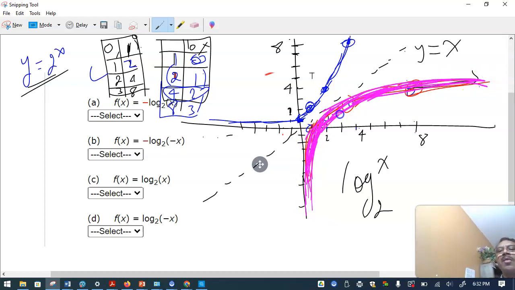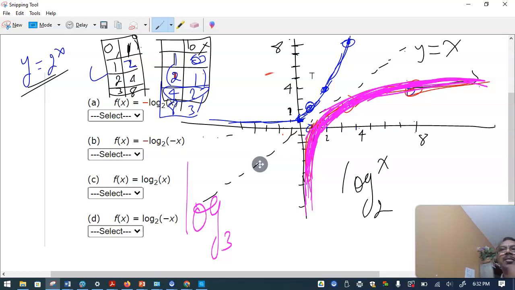Now it all depends on what base is given to you. Suppose I have a logarithm to the base of, let's say, 3. If it is 3, then it will go downwards.